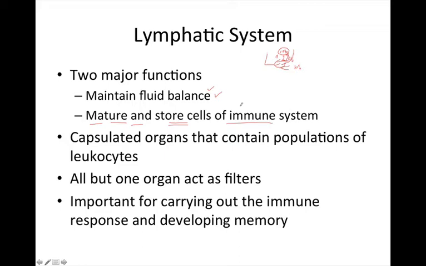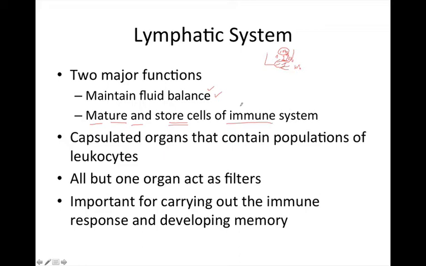They start out as stem cells, and then they are converted into specific white blood cells based on different types of chemical messages that they interact with. They are produced in bone marrow, and then some of them are matured in bone marrow, some are matured in other glands, which I'll talk about more specifically in a bit.